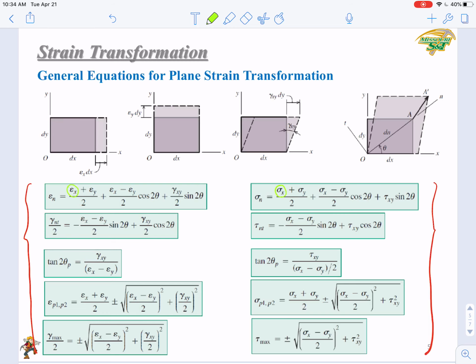If you find a sigma y in the stress equations, you'll be able to find an epsilon y in the strain equations. If you find a tau xy here, do you think you will be able to find a gamma xy in the strain equation? Yes, you can, but it's not directly gamma xy. It's gamma xy over 2. This is the only difference between these equations.